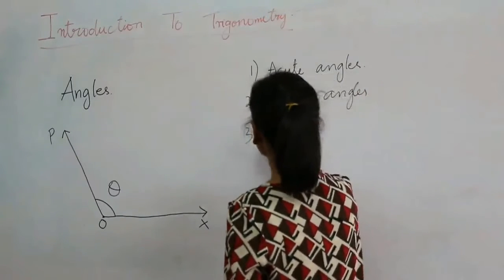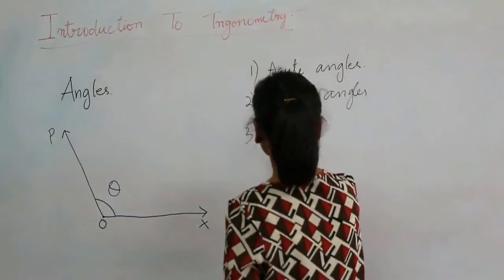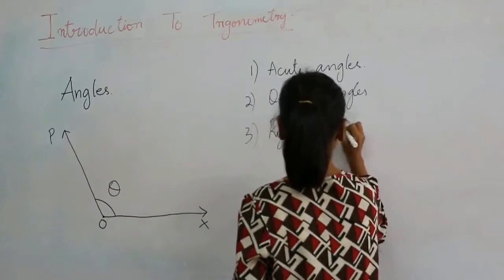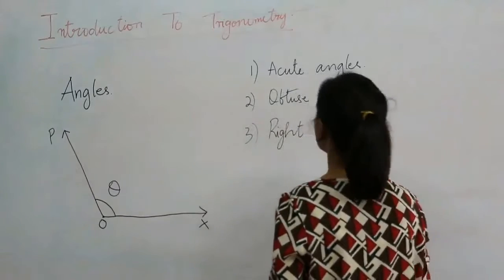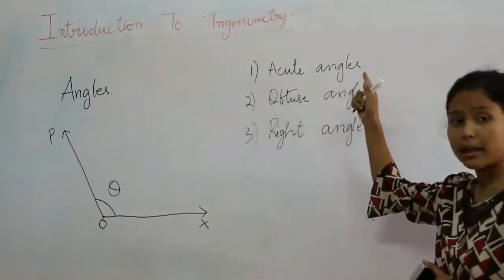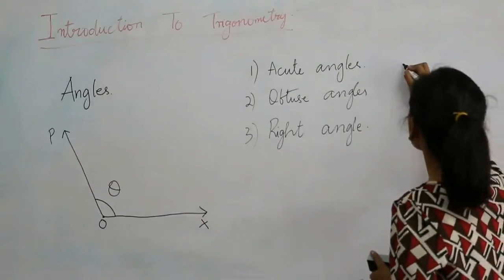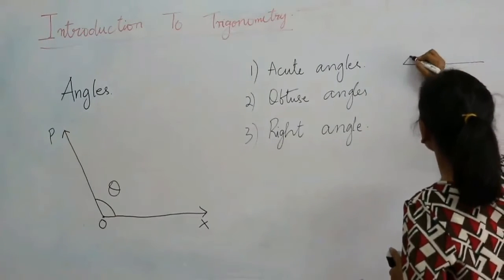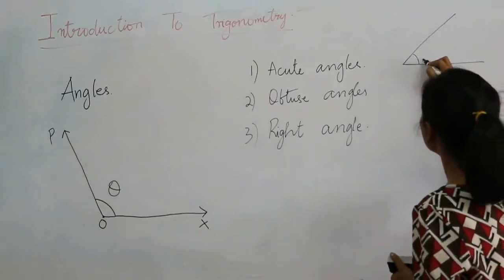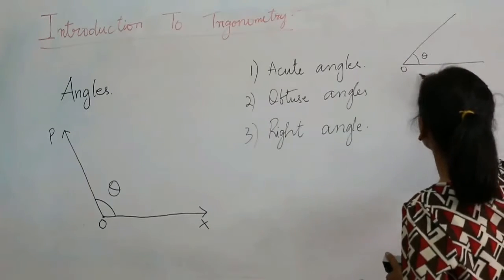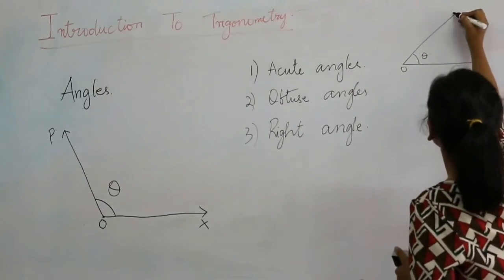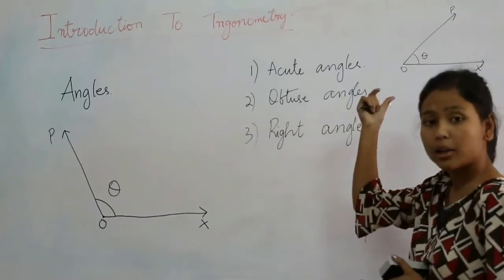And number 3 is right angle. What are acute angles? Acute angles are angles which are less than 90 degrees. Suppose this one. This is an acute angle.